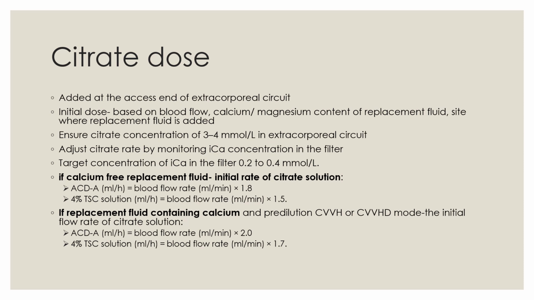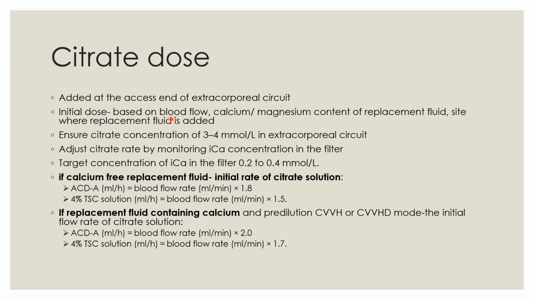How to set citrate dose during regional anticoagulation? It is recommended to set the initial citrate dose based on blood flow rate, and the citrate dose should be appropriately adjusted subsequently according to the monitoring value of filter ionized calcium.